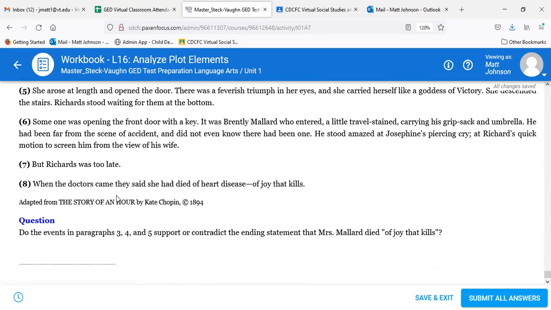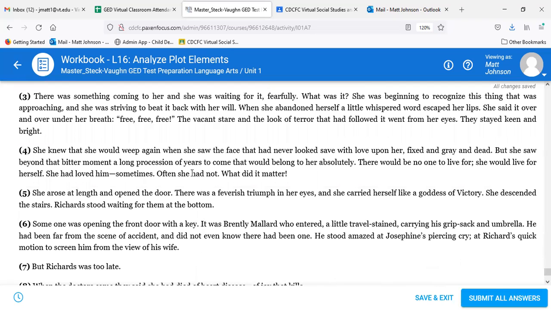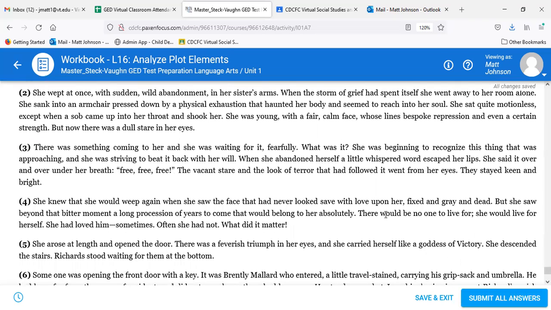And then the final question: do the events in paragraphs 3, 4, and 5 support or contradict the ending statement that Mrs. Mallard died of the joy that kills? She knew that she would weep again when she saw the face that had never looked save with love upon her, fixed and gray and dead. But she saw beyond that bitter moment a long procession of years to come that would belong to her absolutely.